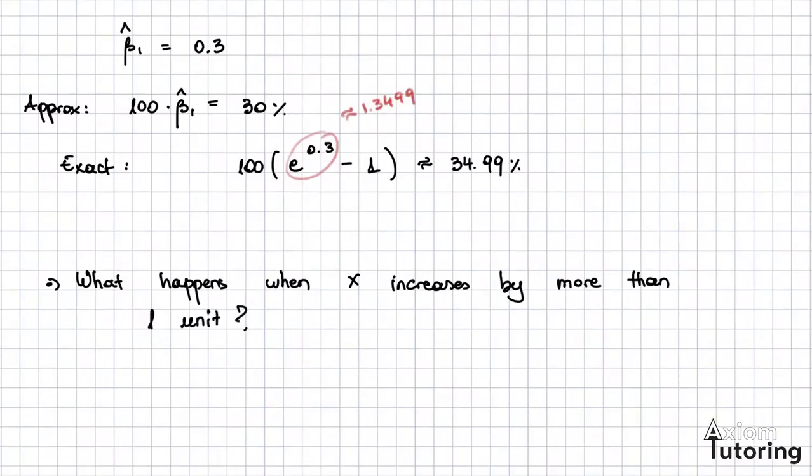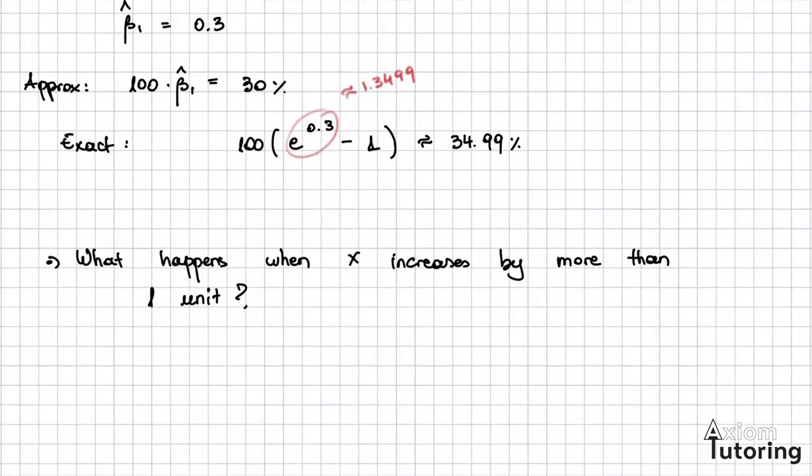Okay. In this case, the answer will be quite straightforward because all you have to do is instead of saying 1, you're going to do 2. So let's say we have an increase of 2 years in education for the example that we have just given.